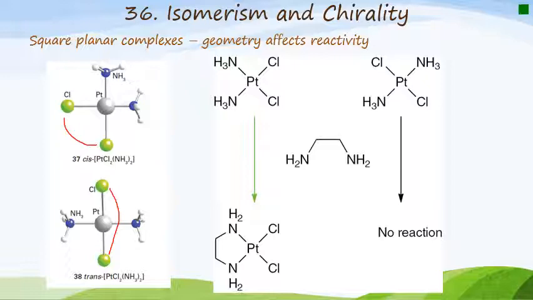You'll find that the reaction of the cisplatin with ethylene diamine, this is en, you will get a reaction with the ethylene diamine ligand. So in other words, the two amine ligands over here and over here are replaced with the ethylene diamine over here, and the chlorides are still cis to one another.